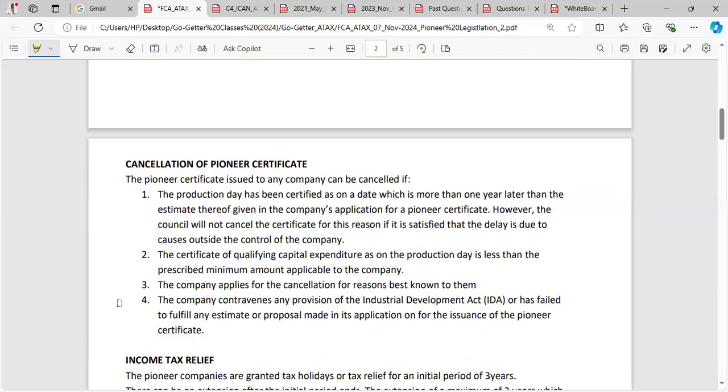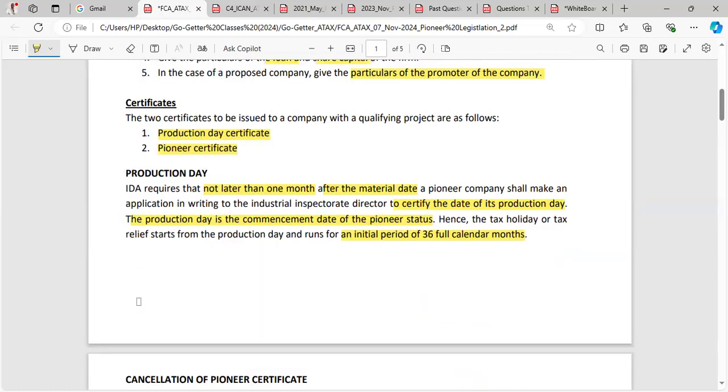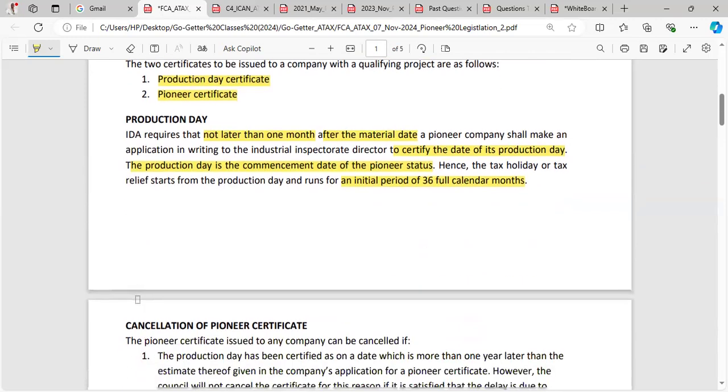Now, there is something called cancellation of pioneer certificate. Before we come to that, after the production date has been certified, they will go ahead and give you something called the pioneer certificate. So first they are certifying your production date, then they are certifying that you are now a pioneer status.